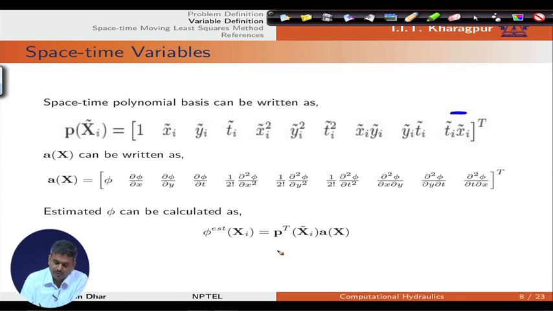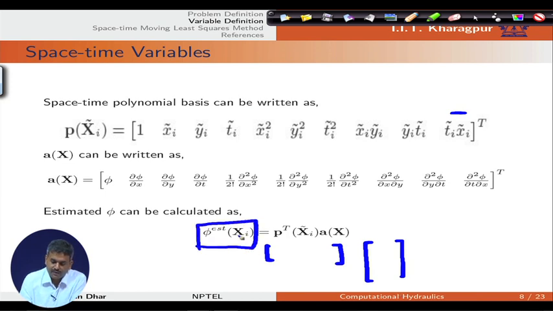So, P transpose will be a row vector, and individually this will be again a column vector in this case. So, we can get the mixed terms, and we can estimate this phi from this calculation.